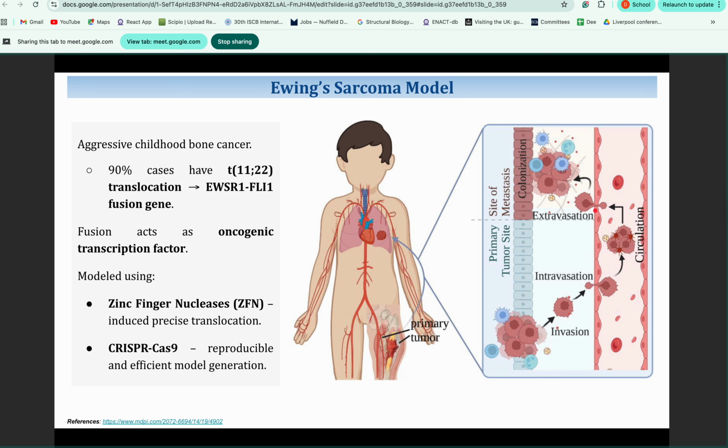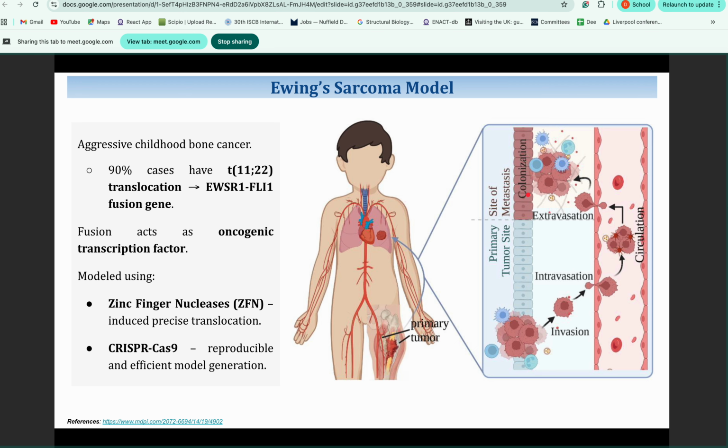They enter here through blood, and from blood they enter into this tissue. This was intravasation and this is extravasation. Now they will colonize here, the site of metastasis, where the cells from the primary site have now entered. This process is known as metastasis.